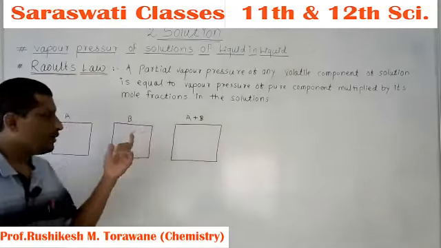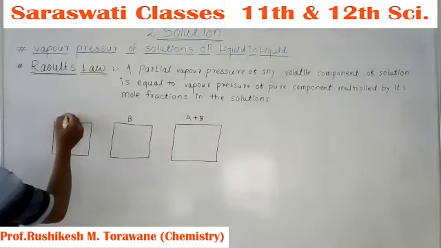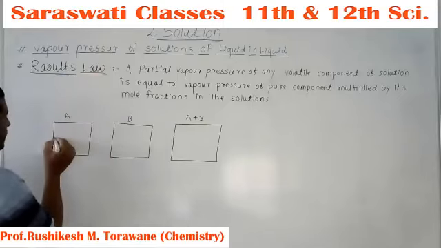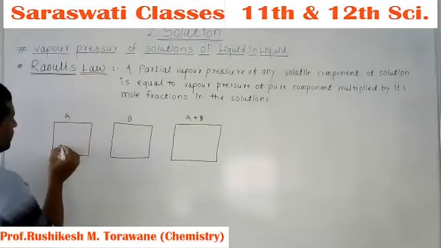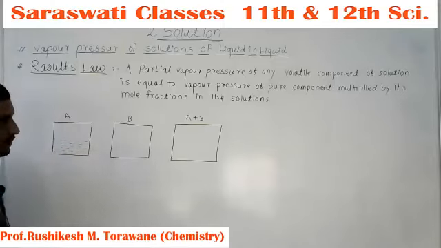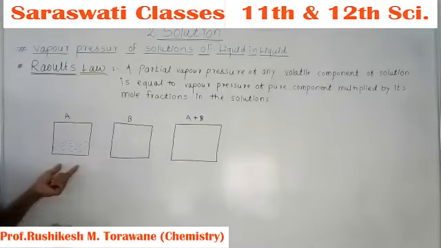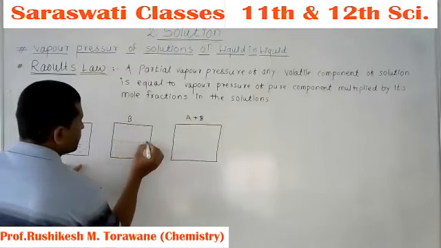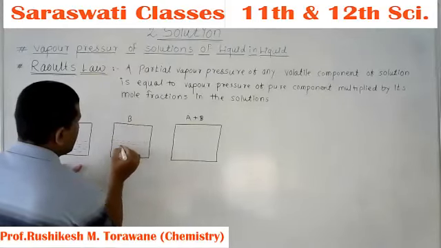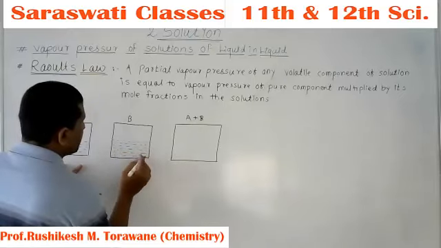Now we see here two binary mixtures, A and B. In container A there is a volatile component, and in container B another volatile component, each in a closed container.